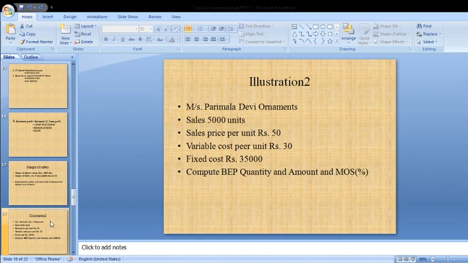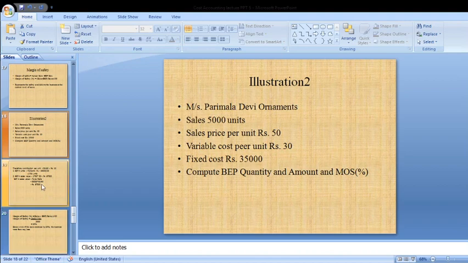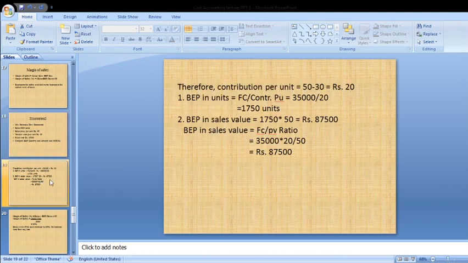So do this calculation. How will you proceed? Firstly, you have to compare 50 and 30, because that is the primary profit we are earning. What is 50 minus 30 known as? I hope you remember, that is called contribution per unit.